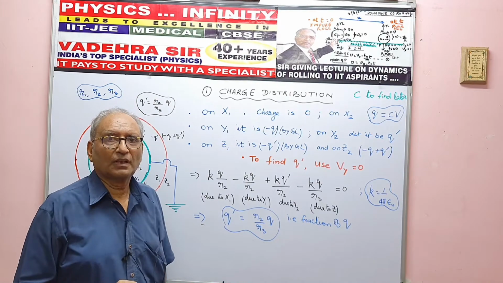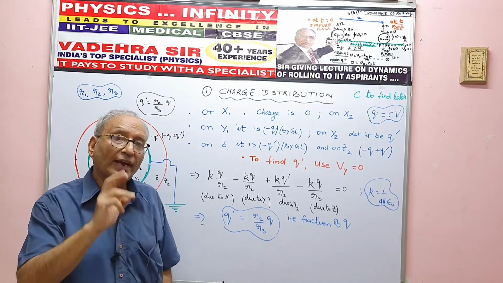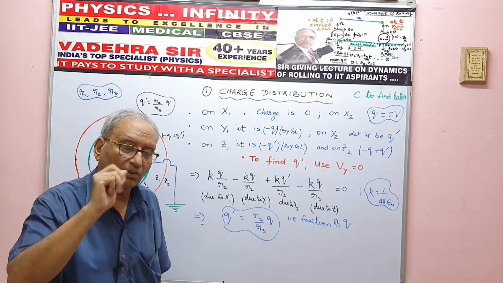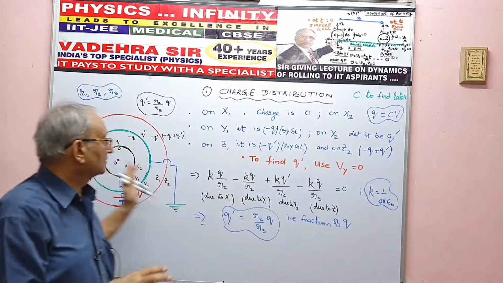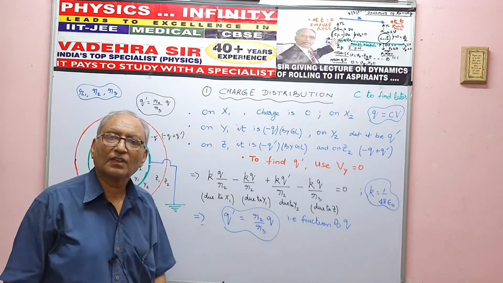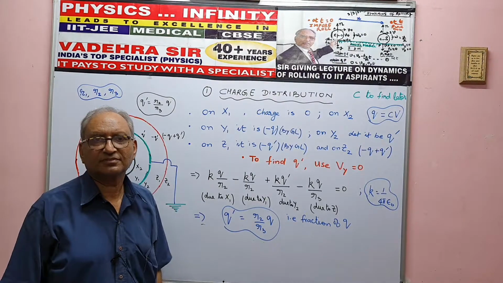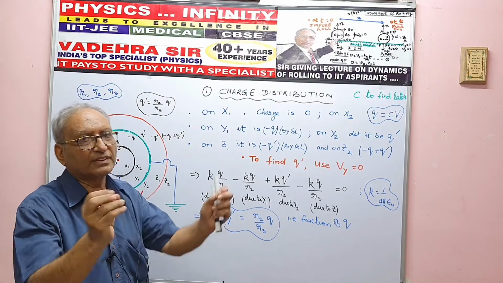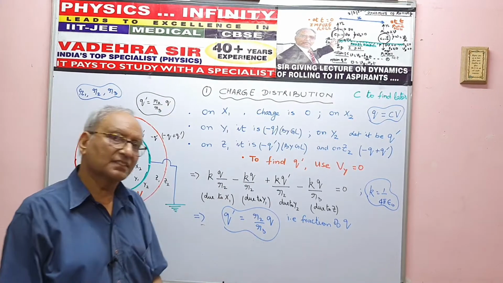Number 3, to find the capacitance of this arrangement. Number 4, the electric field pattern. And number 5, the potential energy stored by the system within the field associated with the system.